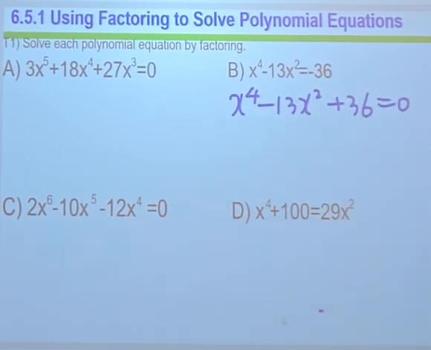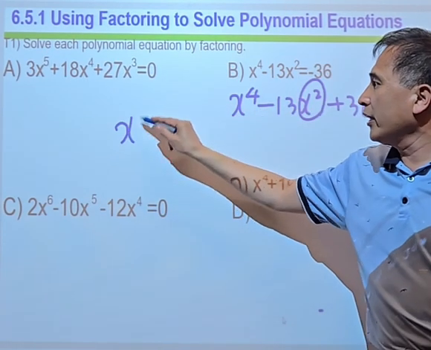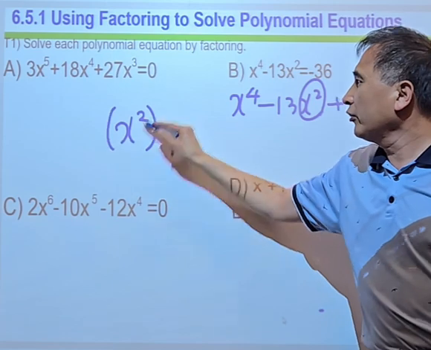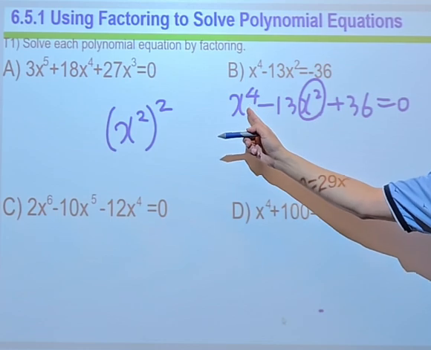But one thing we can think of in math: when anything is repeating, you might think of it as something much simpler. So what I'm saying is, there's x squared right there, and x to the 4th power is x squared squared. So x squared is here, and I also see x squared here.